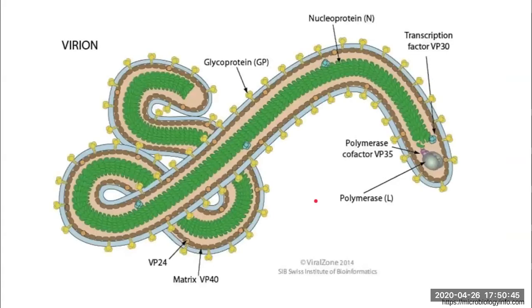Looking at a helical example, all animal helical viruses have a host-derived lipid membrane. They don't have to have that in plant viruses, but in animals that seems to hold true. This is an example of Marburg or Ebola virus; this could depict either of them.